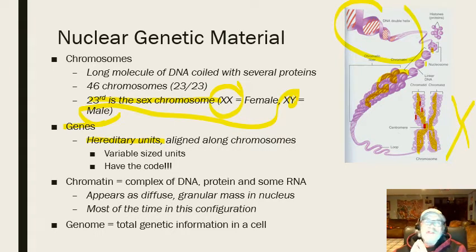However, many proteins are monstrous molecules, and these will have a gene that's really, really long on that chromosomal strand. We'll talk about codons in just a minute. So these genes are variable sized units. Some are big, some of them are small and very short. And again, this is where we have the code.